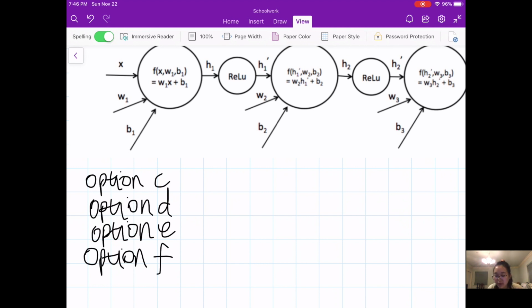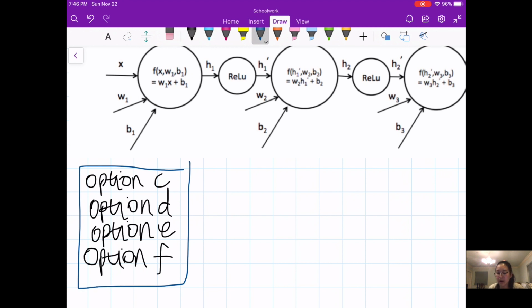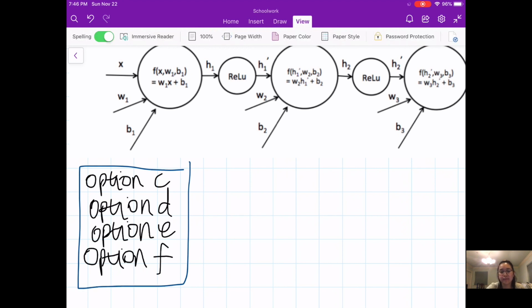And earlier when we only had one ReLU, we can only make one end of the graph flat. But now that we have two, then we can do it at different points of the graph and have different flat components, which is why option F is now possible. So that means these four options are all possible for part 6.